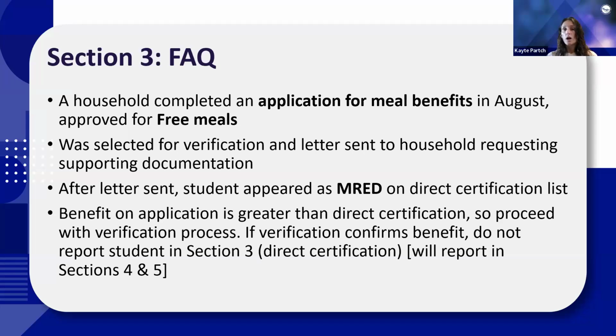If the verification process confirms the benefit identified on the application submitted to the school, then do not report that student in Section 3, where you report direct certification matches and students with meal benefits. You will instead report them in Sections 4 and 5, which is where schools report information about meal eligibility for students approved through the application process submitted to the school.